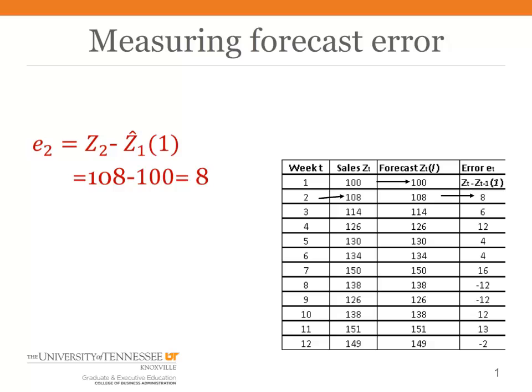And so we complete the arithmetic, and we see that the actual demand at time 2 exceeded the forecast made at time 1 by 8. A positive error means that we have under forecast, the actual exceeded the forecast. A negative error would mean that we had over forecasted.